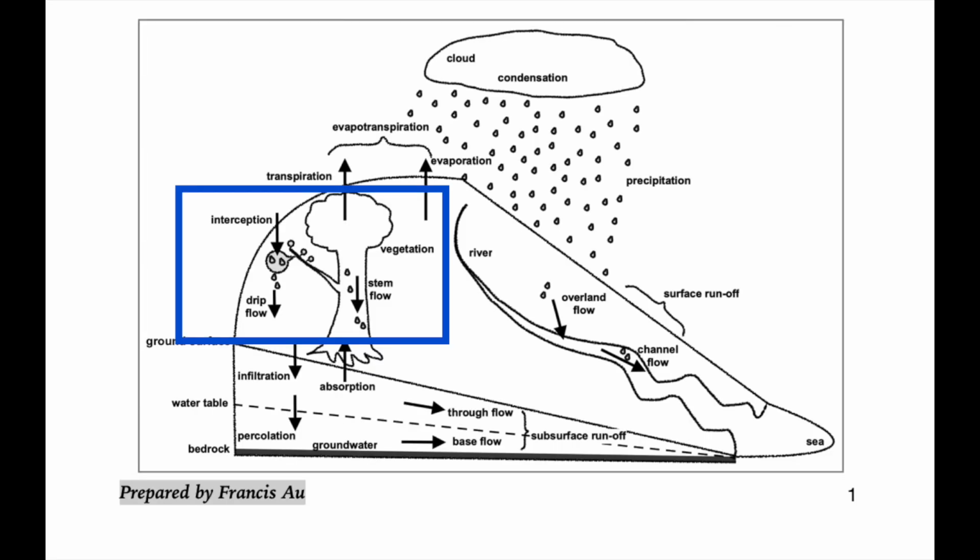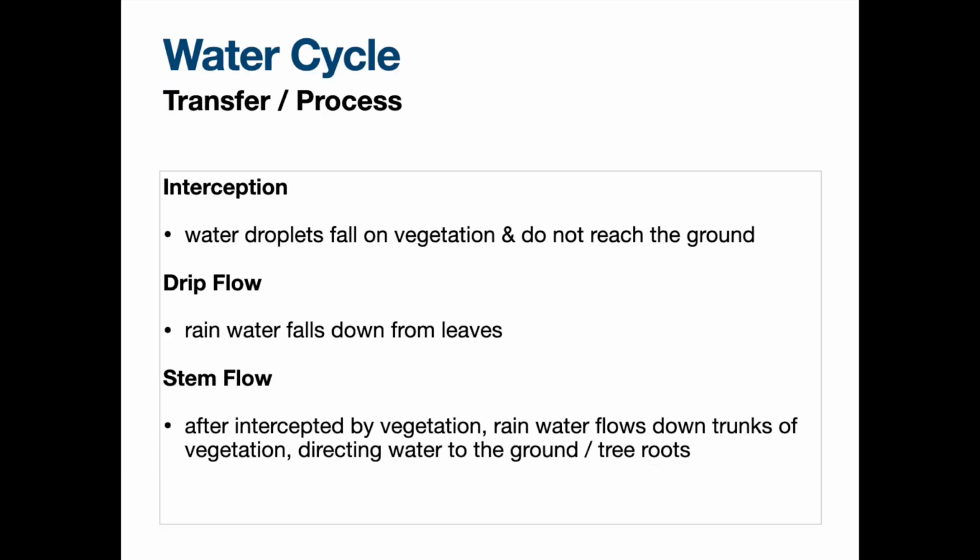Okay, so when the rainwater is not hitting the leaves, what happens to the rainwater? Sometimes we have the tree trunk, right? The tree trunk also is quite big. So when the rainwater is hitting the tree trunk directly and flowing down the tree trunk, we call that stem flow.